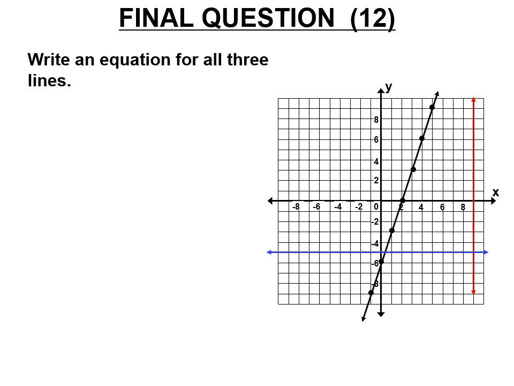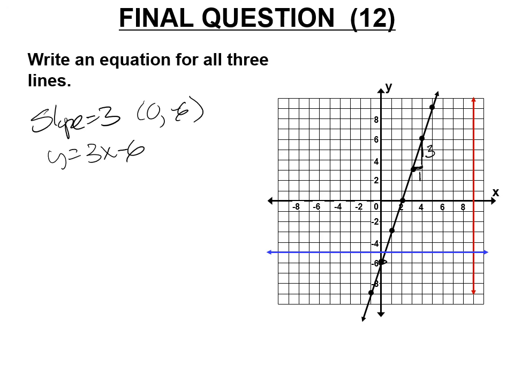All right, so we're going to write an equation for all three. Let's start with the one in black. There's its slope. Slope is 3, and a y-intercept of down here at 0, -6. So it's y equals 3x minus 6. Then the blue one has a y-intercept of 0, -5, and it's horizontal, so its slope is 0, right?